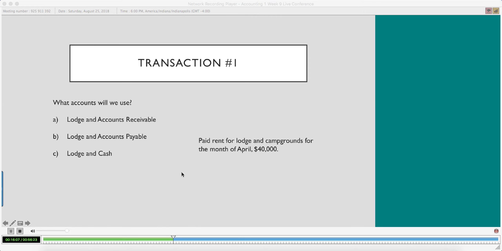So if we are paying our rent for the lodge and campground for the month of April for $40,000, what are we going to use? So we have one answer.